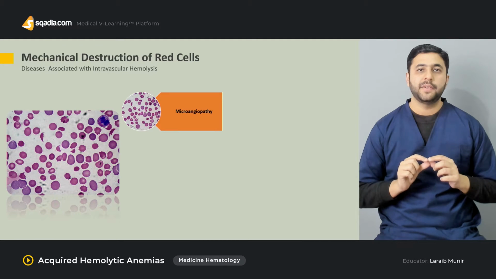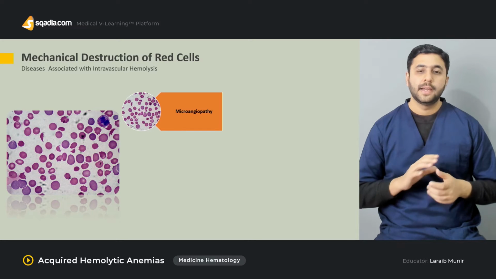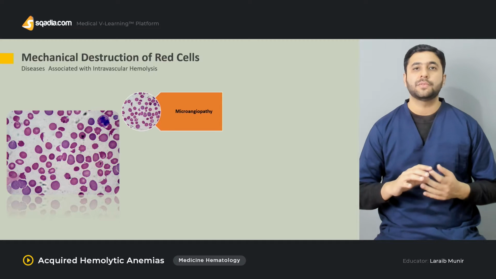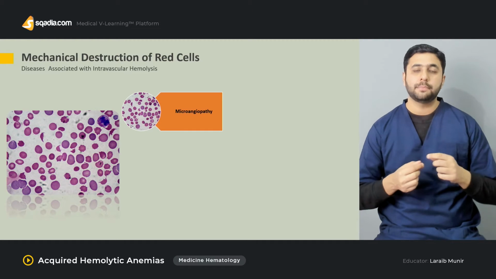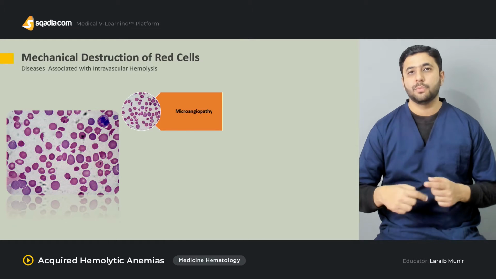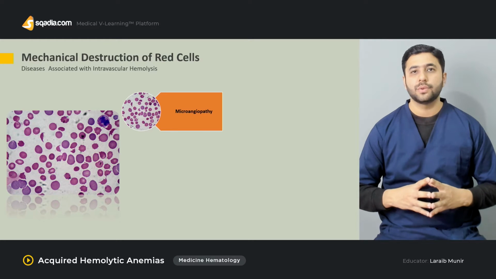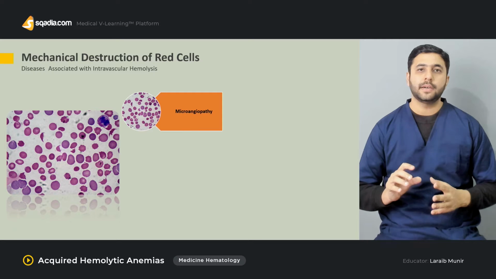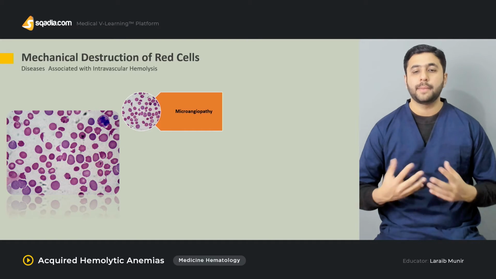And when these smaller blood vessels have a thrombus or a fibrin deposition over them, then when the RBCs pass through these smaller blood vessels, there is not enough space for the RBCs to move and mold around. So certain parts of RBCs are being chipped off continuously as they repeatedly pass through these smaller blood vessels. This can happen in certain conditions like disseminated intravascular coagulation or hemolytic uremic syndrome, in which there is fibrin deposition or platelet deposition in the smaller blood vessels, or the microangiopathy.